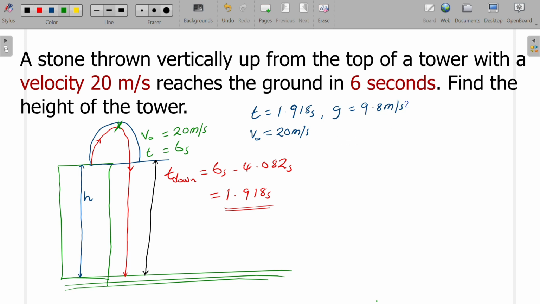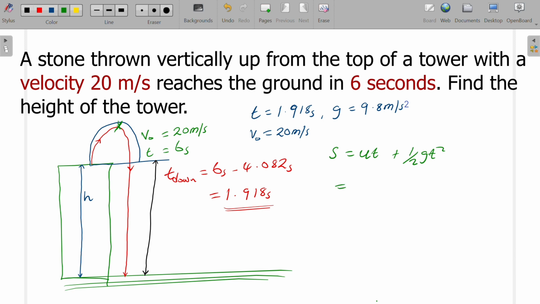Let's go ahead to find the distance, or the height of the tower, using S, which is displacement, equal to ut added to half gt squared. In this case, we are using g instead of a. We have every piece of information here.